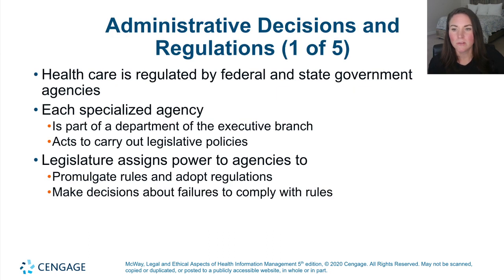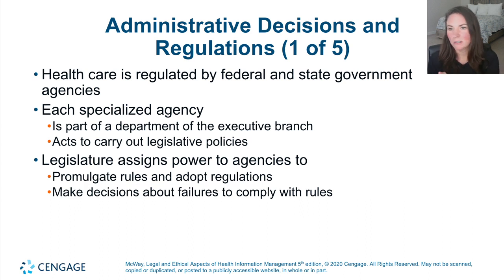The next source of law is administrative decisions and regulations. Administrative agencies are governmental bodies that the legislature can say to, hey, we have this issue that we need you to come up with a law about it and implement it. These agencies are usually specialized.